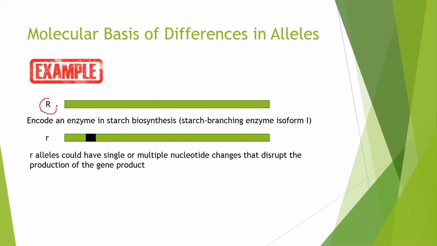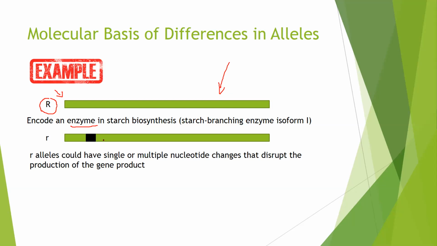In pea plants, the capital R is a wild-type allele for one gene. This big R is a functional allele, a wild-type allele. It can encode an enzyme in starch biosynthesis. So if an individual has this big R allele, this enzyme can be used in the starch biosynthesis.